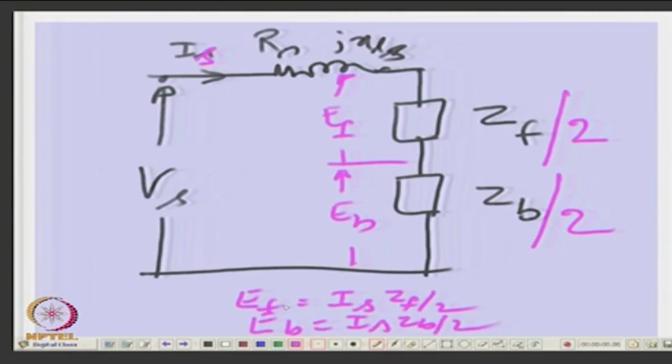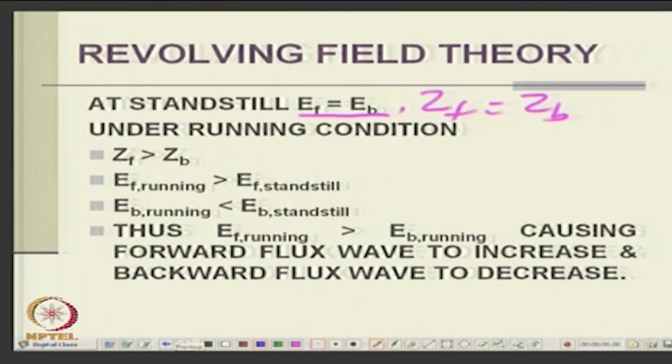Agreed? And at running, EF is generally more than EB, because ZF is more than ZB. So, EF at running is more than EF at standstill, and EB at running is less than EB at standstill.